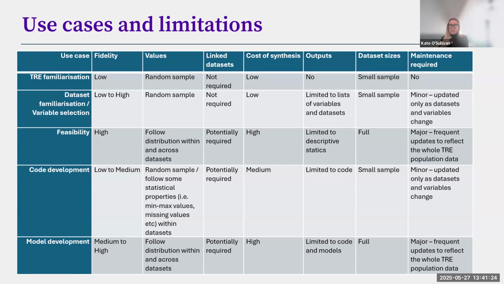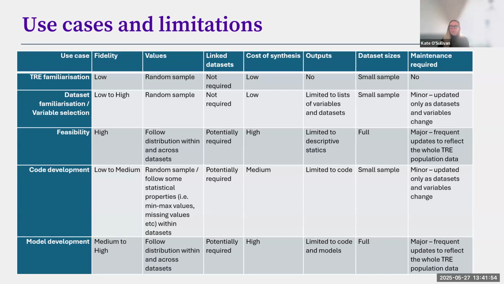One of the things that we made the assumption about, which ended up being really interesting, was around feasibility of cohorts. And this was just simply, could the synthetic data we offer mimic the population of our regions? And actually, what we determined through the work that we did in investigating synthetic data is that feasibility is actually high fidelity, and it also requires frequent updates to reflect the whole population data.